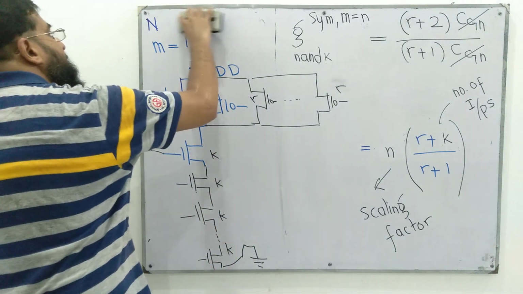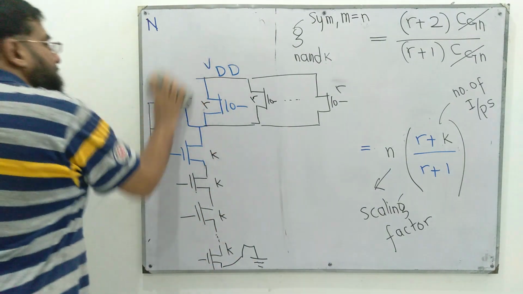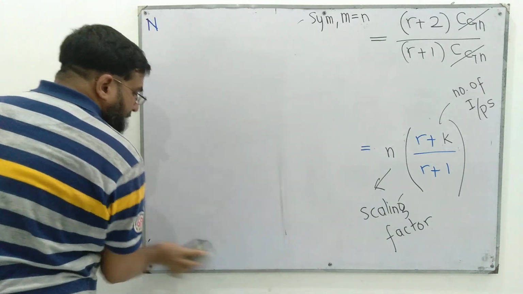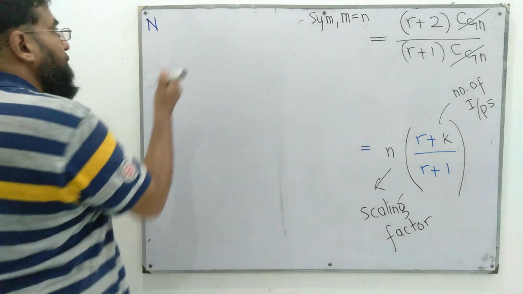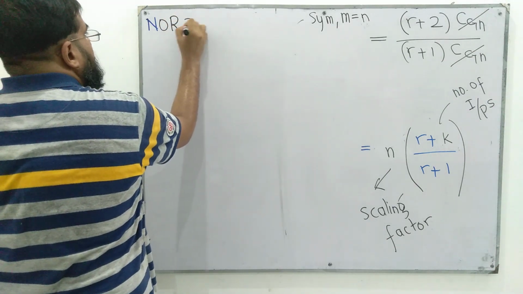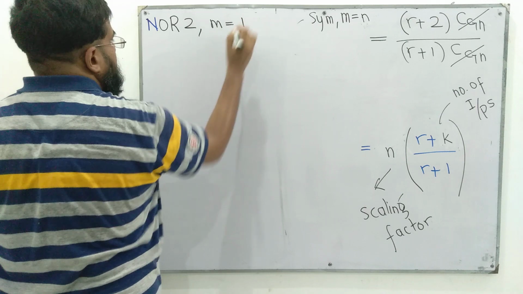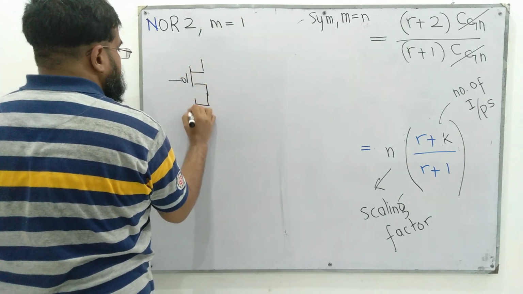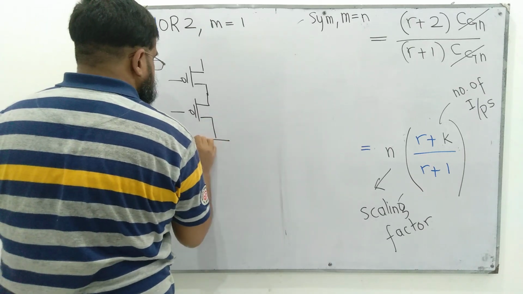Now let's talk about the final thing for this lecture, which is the logical effort of a NOR gate. For NOR 2 with M equal to 1, the schematic would be like this.